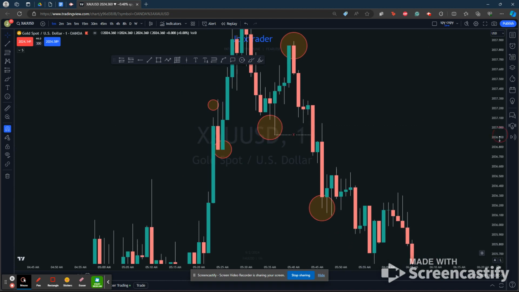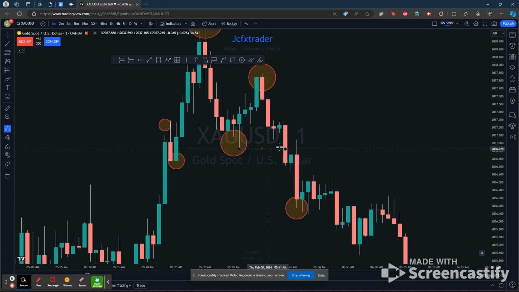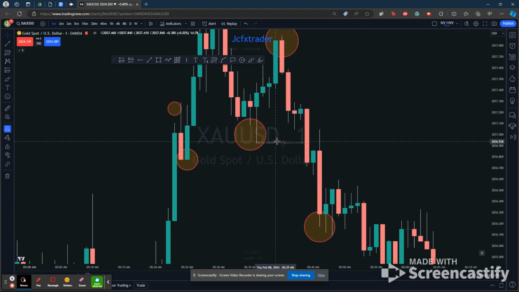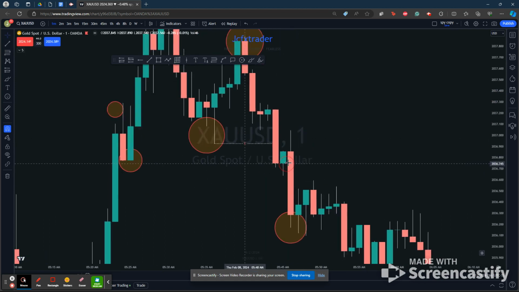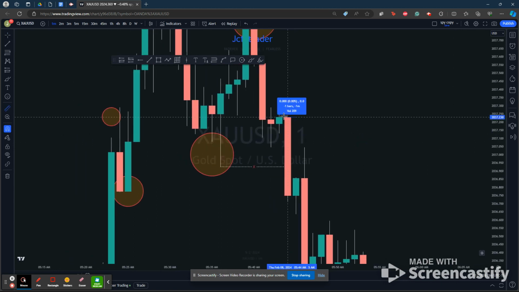Now you may ask, okay, how do we know if a break of structure is valid? Well, it is only valid once a candle closes in the body below this wick or the low, right? So as you can see here, this candle opened here and decided to close down here.